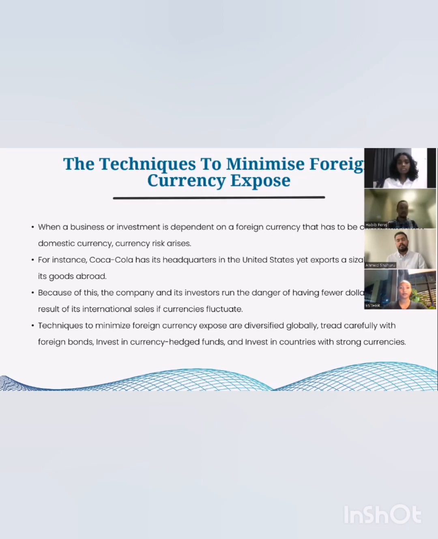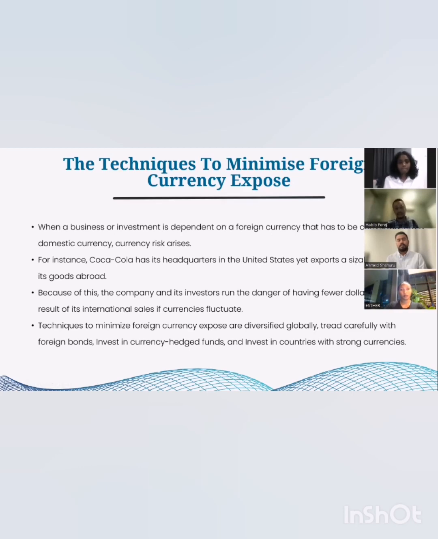For example, Coca-Cola has its headquarters in the United States, but it exports some of its products to different countries. Due to this, the company can have fewer dollars in revenue as a result of international sales if currencies fluctuate in other countries.